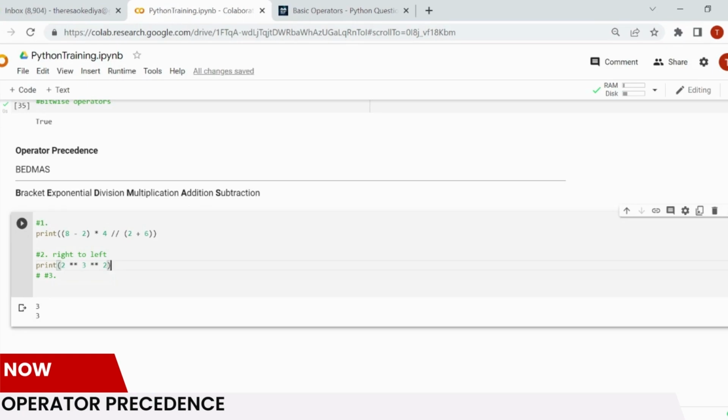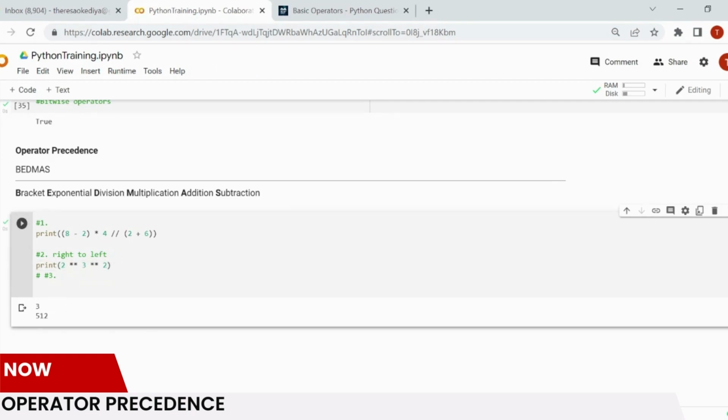You can actually check. So if I'm doing 2 raised to power 3, that will be 8, then 8 raised to power 2 will be 64. So let me see what this is going to give me.